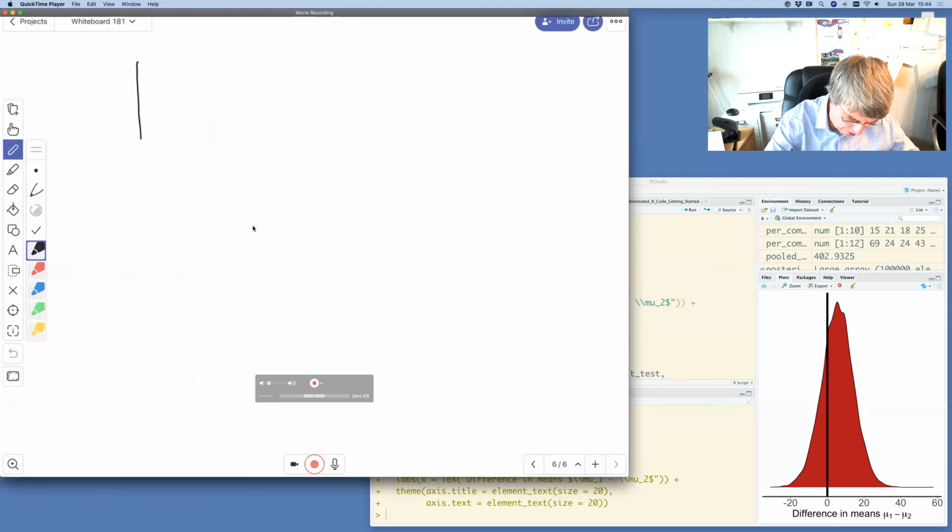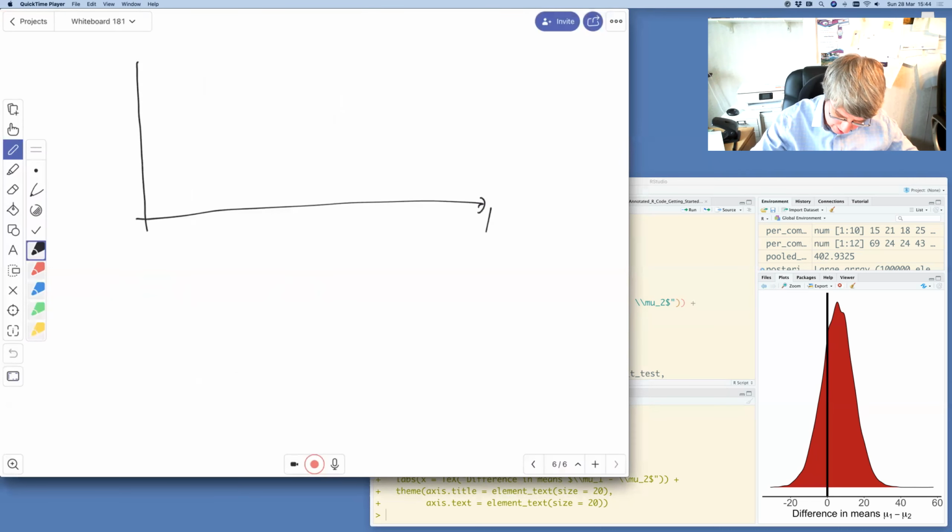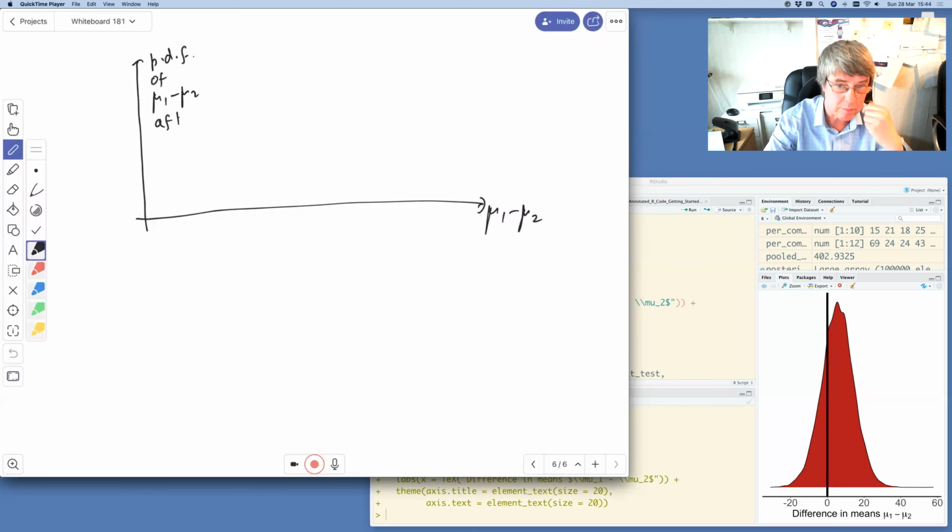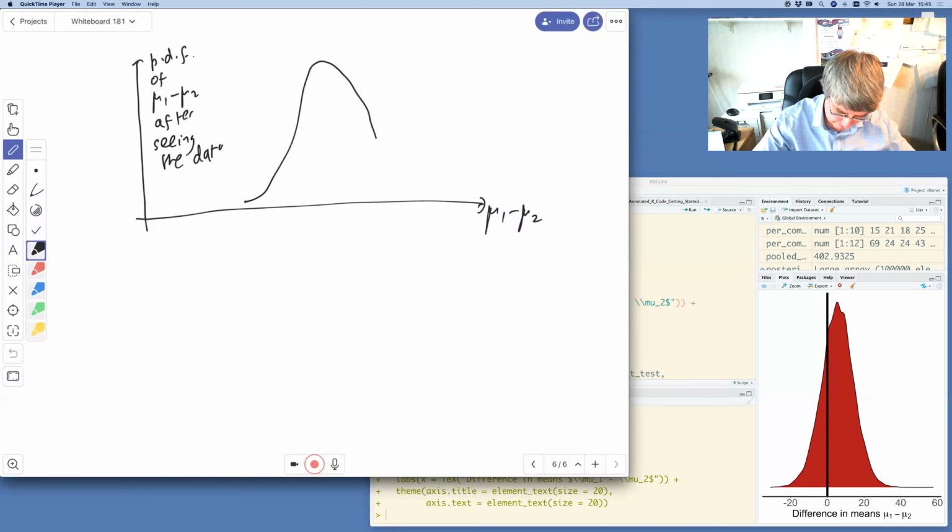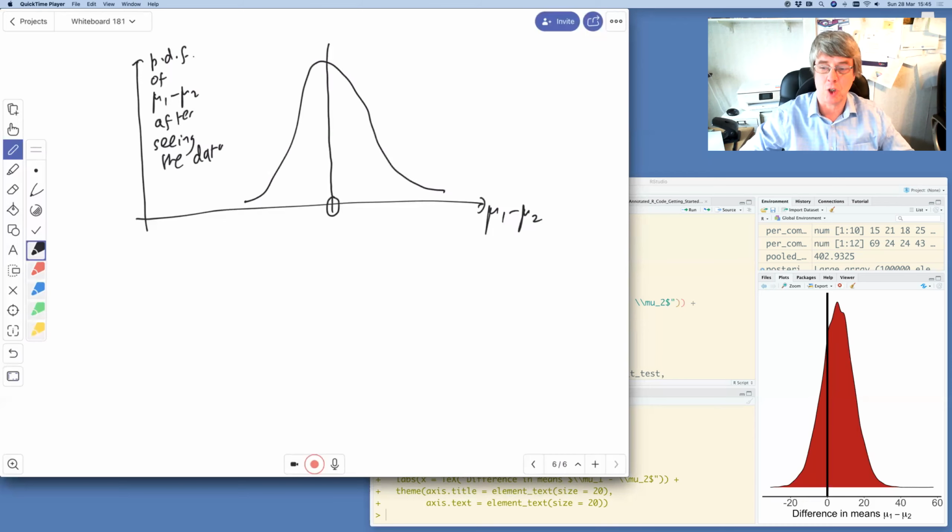And that's a very powerful feature of the Bayesian approach, that we can work with combinations of parameters. So this is a probability density function of mu1 minus mu2 after seeing the data. And that looks something like this. You can see exactly what it looks like from the computer. We first of all note that that probability density function is consistent with the value 0, which again links up to what we saw with the t-test.